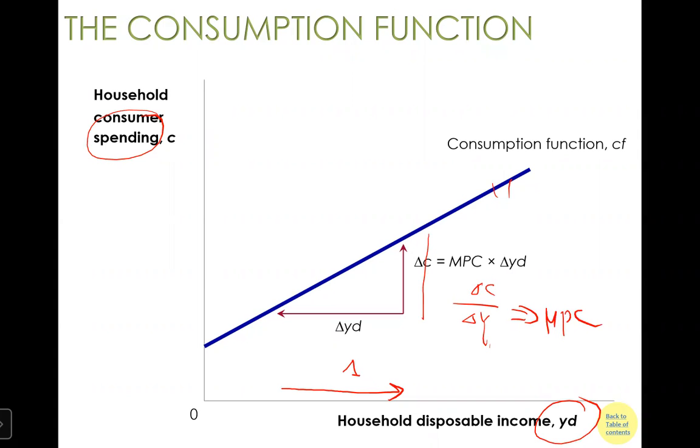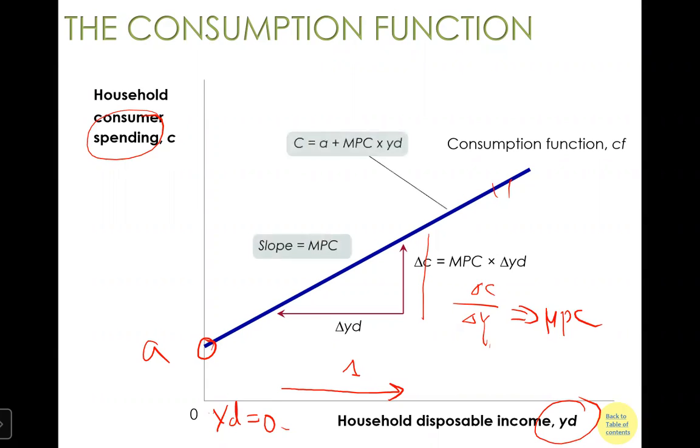And here, the intercept is A. How do we understand that? At this intercept, you have disposable income YD equal to 0, right? So this A is the autonomous spending. Regardless of what happens, you must spend a certain amount to survive.